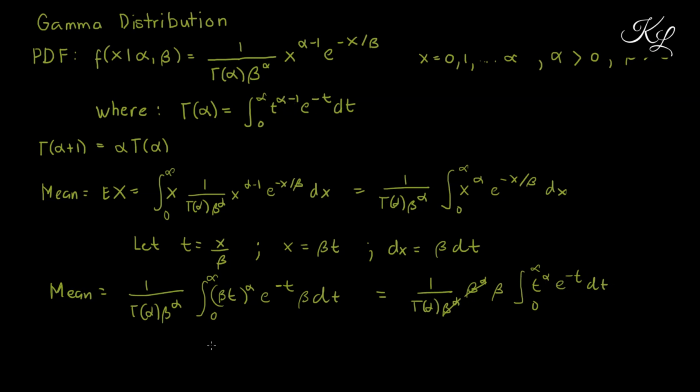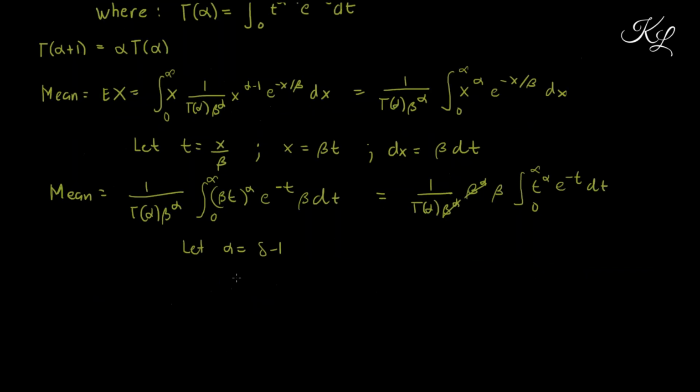We're gonna use another variable. Let alpha is equal to another variable delta minus 1. Then we'll get mean is equal to 1 over, let us retain alpha in here. Then we have still the beta at the top. And we have here integral of t raised to delta minus 1.